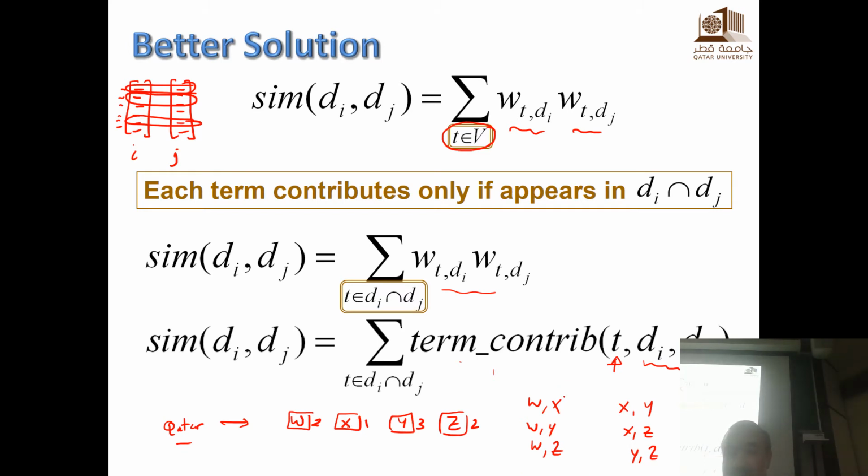What is the contribution in each? For example, W and X, do we know the exact contribution of Qatar to its similarity? Yes, it is 2 times 1, right? Because we have the weight here, and we have the weight here. So it will be 2 times 1. How about W and Y? 2 times 3.